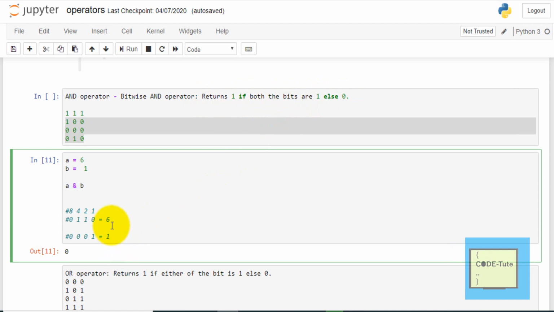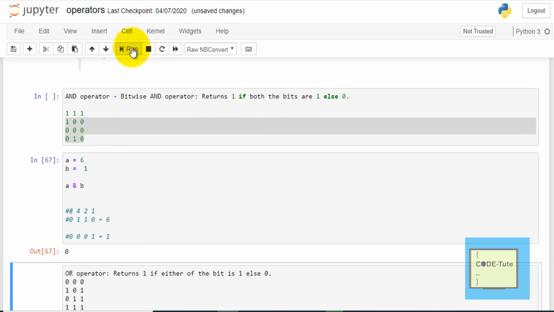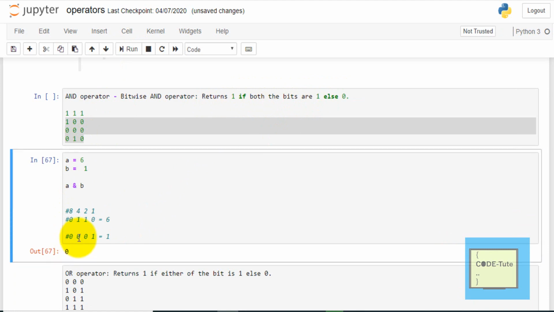So if I run this cell, I will get 0, because the rule says it returns 1 if both the bits are 1, else 0. Let's apply this on these two numbers: 0 and 1 gives 0, 1 and 0 gives 0, 1 and 0 gives 0, and 0 and 0 gives 0. So if I try this on these two numbers, the output is 0.